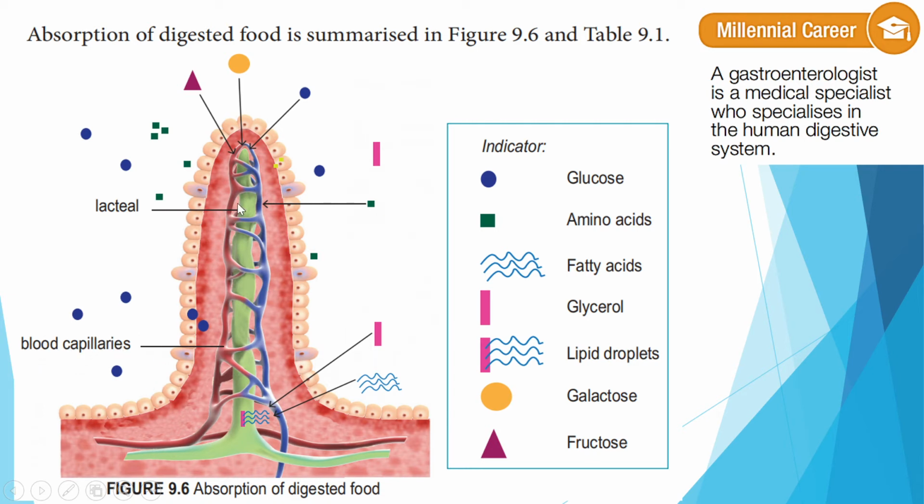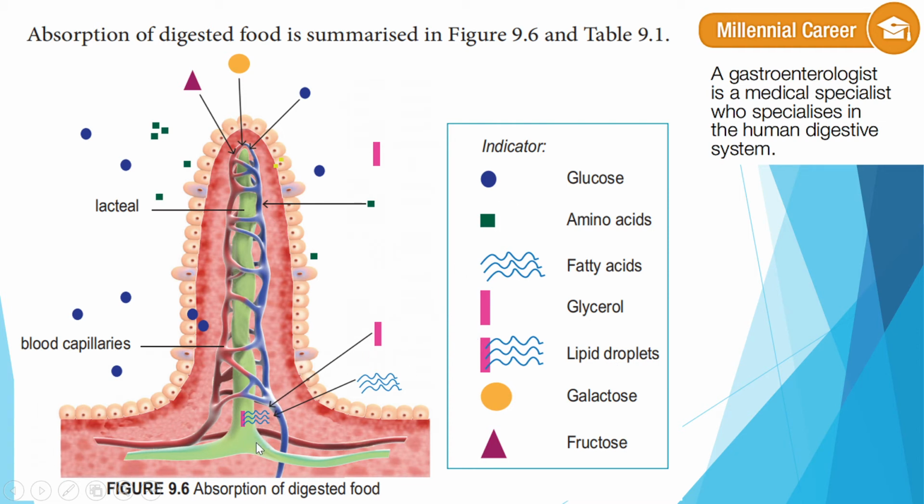So let's look at the lacteal. The amino acids also go into the blood capillaries, same with the glucose just now. Only the fats family, the fatty acids, the glycerols, the lipid droplets, will be going to another route. What route is that?